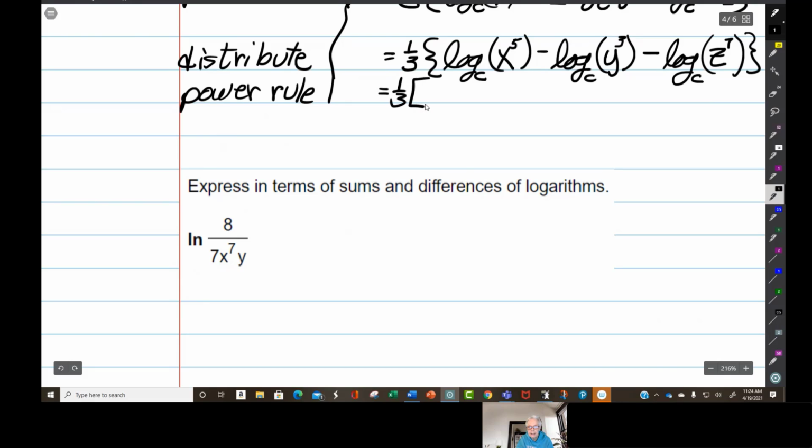I'm going to go back to brackets. 5 times log base c of x minus 3 times log base c of y minus 7 times log base c of z.